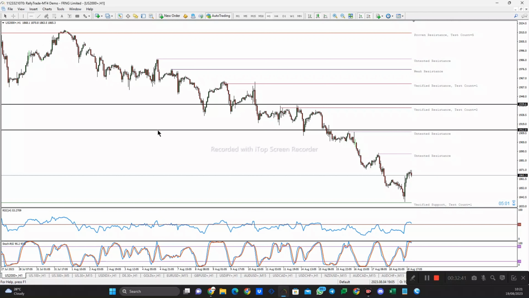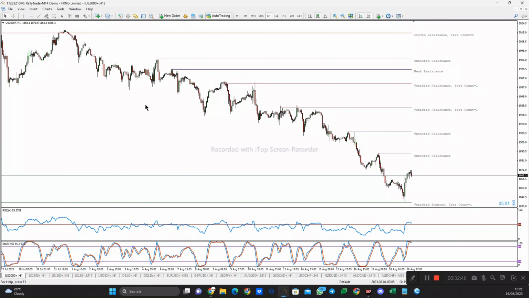I don't like to draw support and resistance lines manually, because when you are drawing manually, you can miss some things.